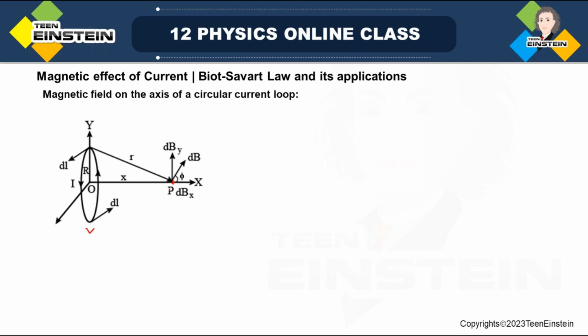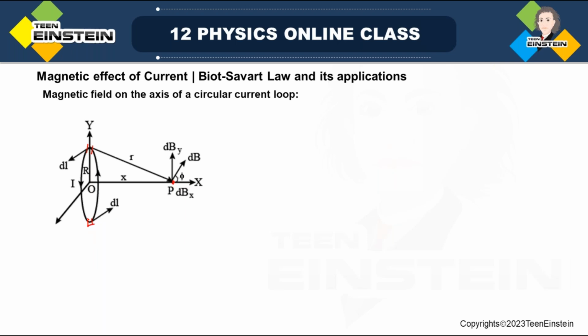You can see that this loop can be considered as a number of small current elements of length dl. I am just considering two such elements. One is at the top and another one is diametrically opposite to that, at the bottom.